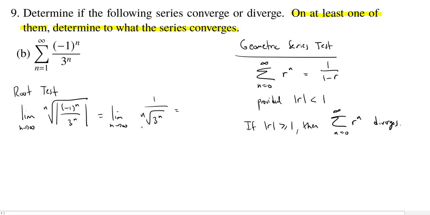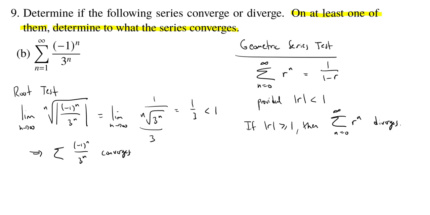And when I do, this whole thing is just going to turn into a 3. And the limit as n goes to infinity of 1 over 3 is 1/3, which is less than 1, which tells you that the series converges. Okay, that's wonderful, right? We should just be done, right? Except we want to know what the series converges to.